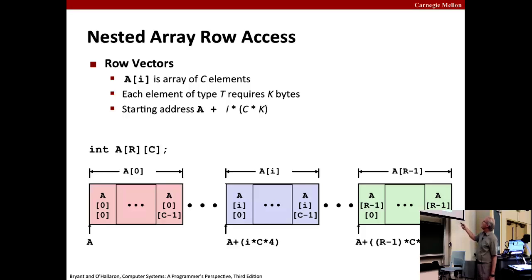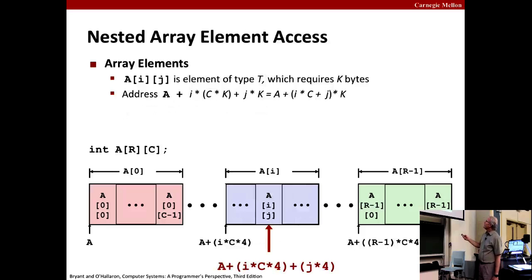And so imagine that in general we have k bytes for data type t, the underlying data type. In this case, t is an int and k equals 4. But in general, the starting address of row I would be gotten by multiplying the number of columns by k, and then multiplying that by the row number. And now if within the array I wanted to reference array element a sub ij, then it comes out to this computation.